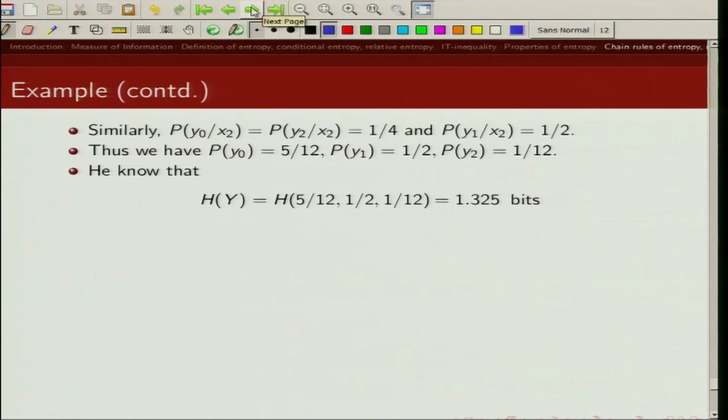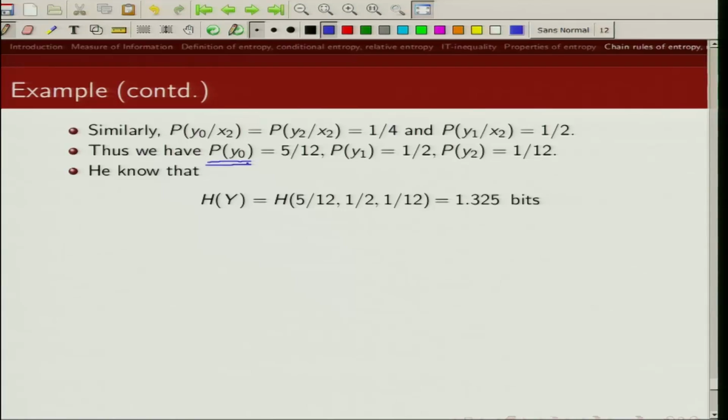Now that we know the probability of getting xi and the probability of getting yi given xi, we can find the probability of getting y0, y1 and y2. The probability of getting y0 is the probability of x1 into the probability of y0 given x1, plus the probability of y0 given x2 into the probability of x2. Similarly, we can compute p of y1 and p of y2.